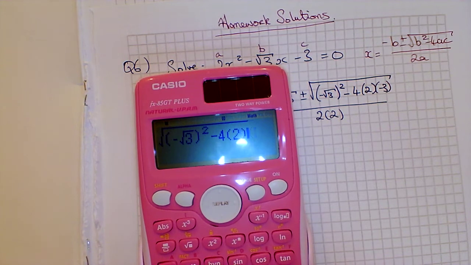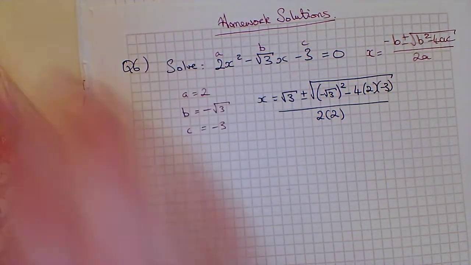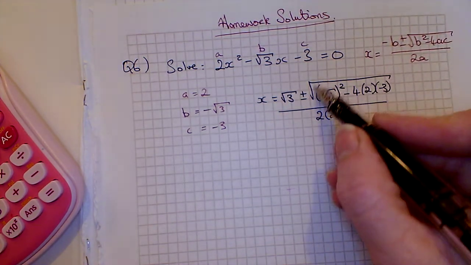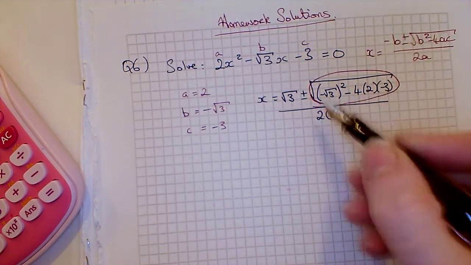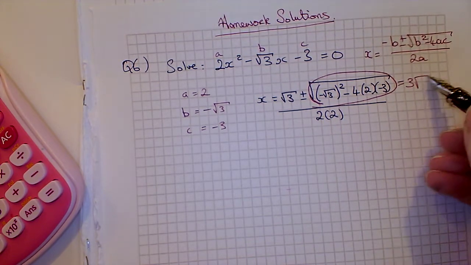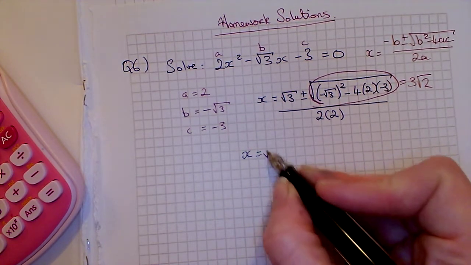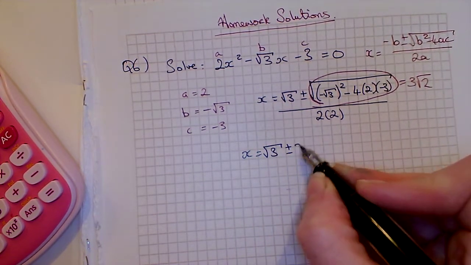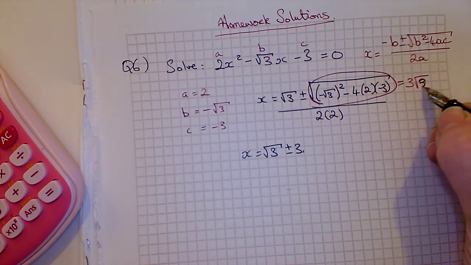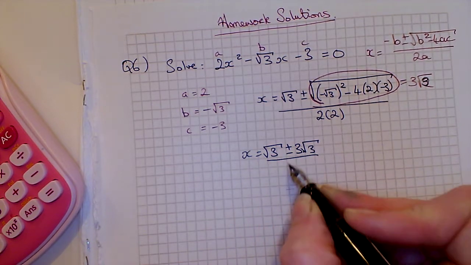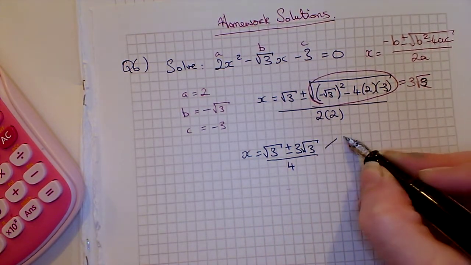But if you think you're likely to make a mistake, type it in exactly as you've written it down, and we get 3 root 3. So this whole square root sign here, you get 27 underneath the square root, and that is 3 times the square root of 3. So x is root 3 plus or minus 3 root 3 all over 4, and we'll type into our calculator.